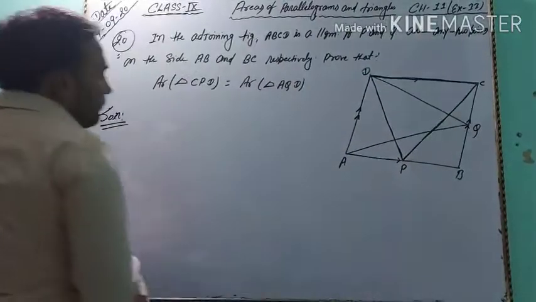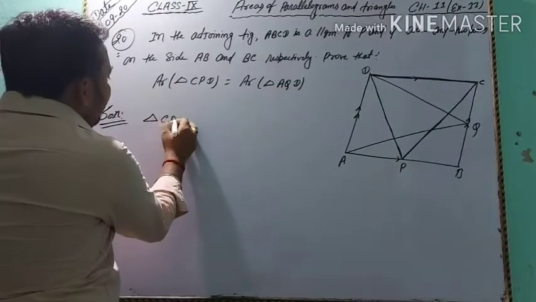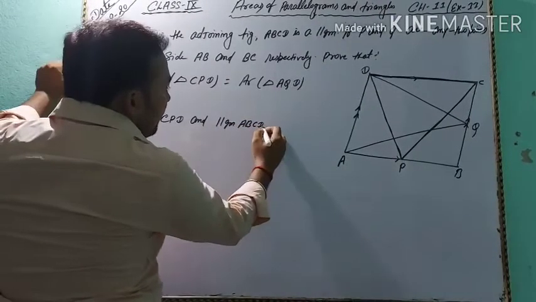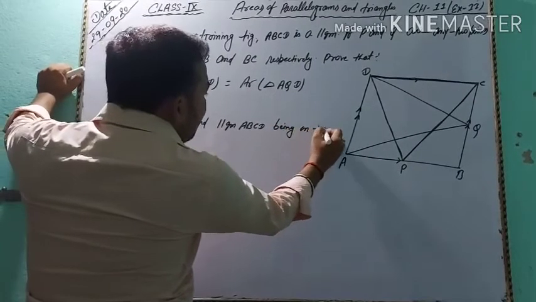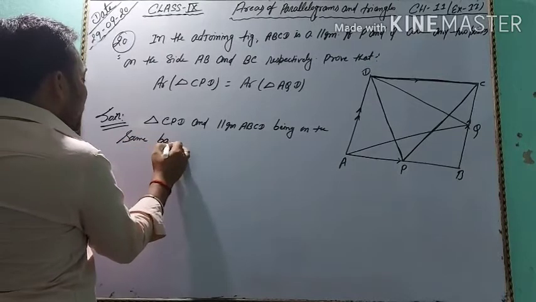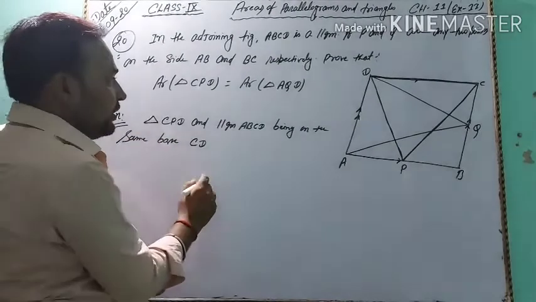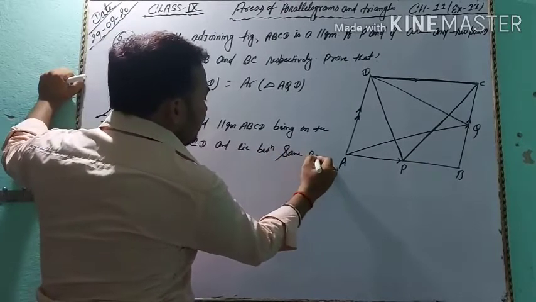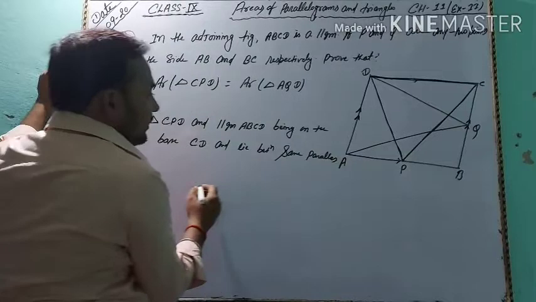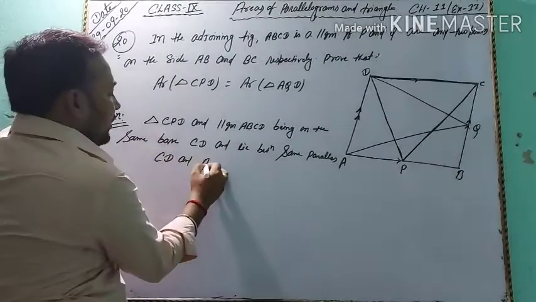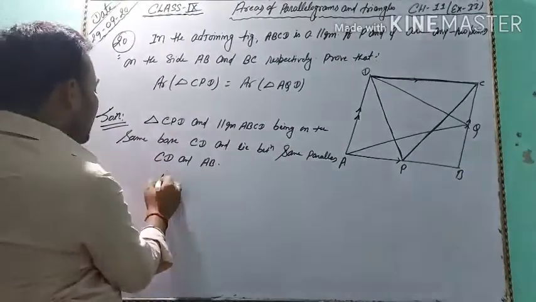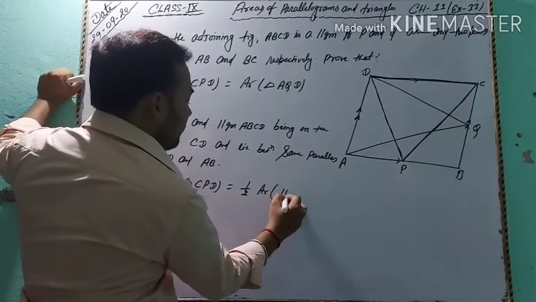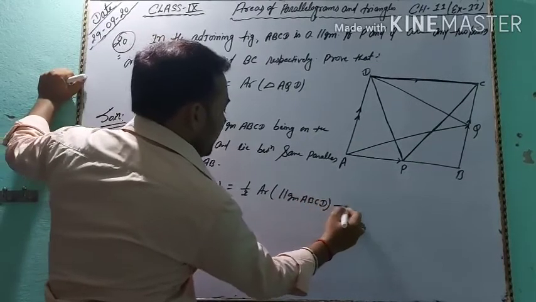So triangle CPD and parallelogram ABCD being on the same base CD, and lying between the same parallels CD and AB, then we say that the area of triangle CPD is half the area of parallelogram ABCD. Okay, this is equation 1.